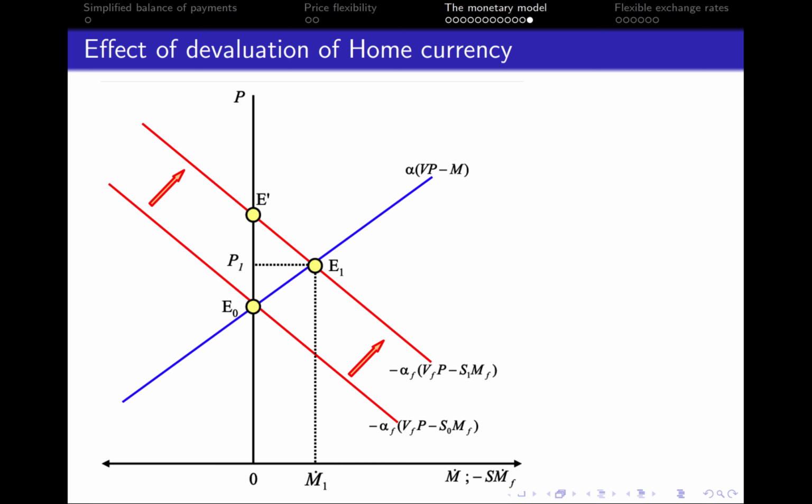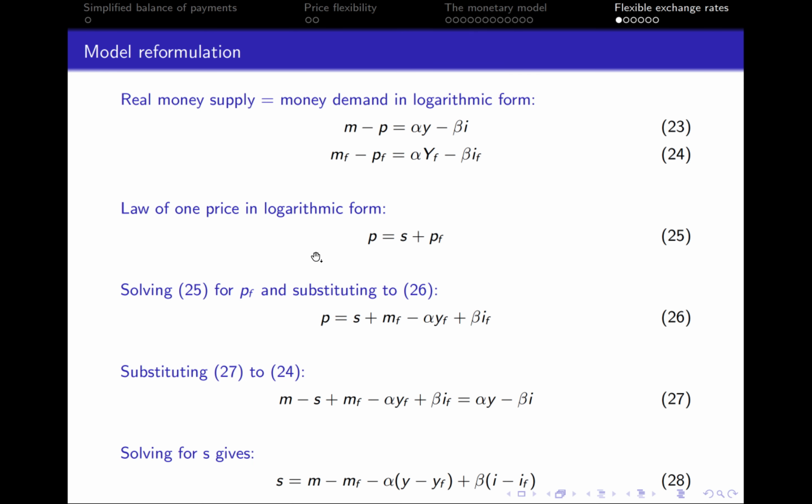So we will have to rely on formulas. Okay, so let's reformulate the model. Now we will have real money supply equal to money demand, and they both are going to be in logarithmic form.